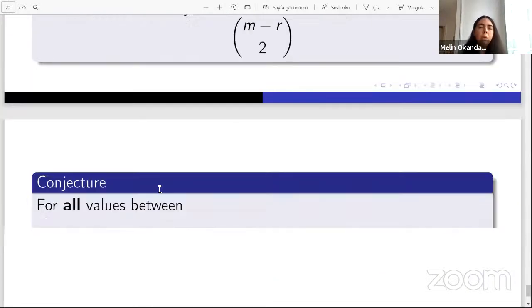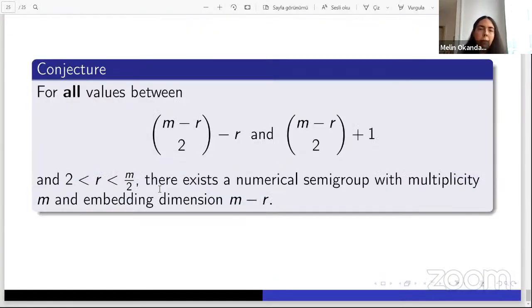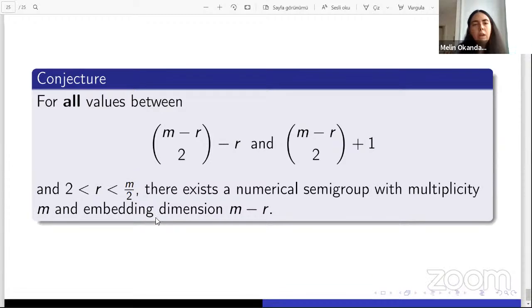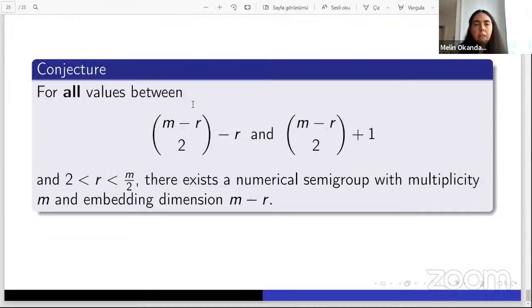So we can conjecture that for all values between m-r choose 2 minus r and m-r choose 2 plus 1, there is a numerical semigroup with multiplicity m and embedding dimension m-r. Of course, here we are looking at a much more generalized thing because r is less than m over 2 and m can be arbitrary. If this can be shown, it can improve the above theorem by setting up a more general lower and upper bound.